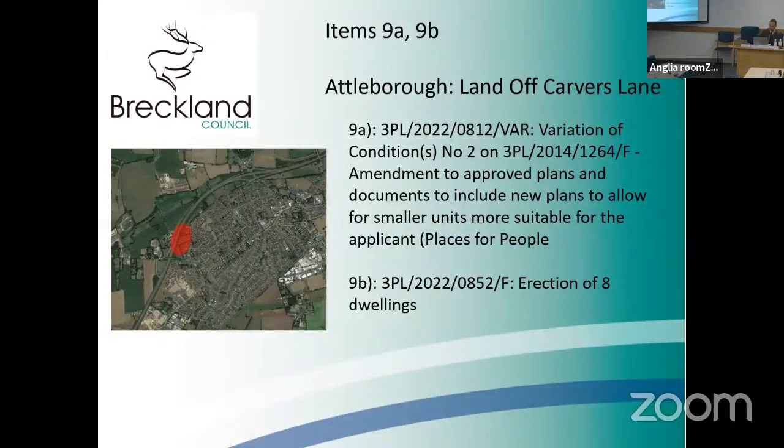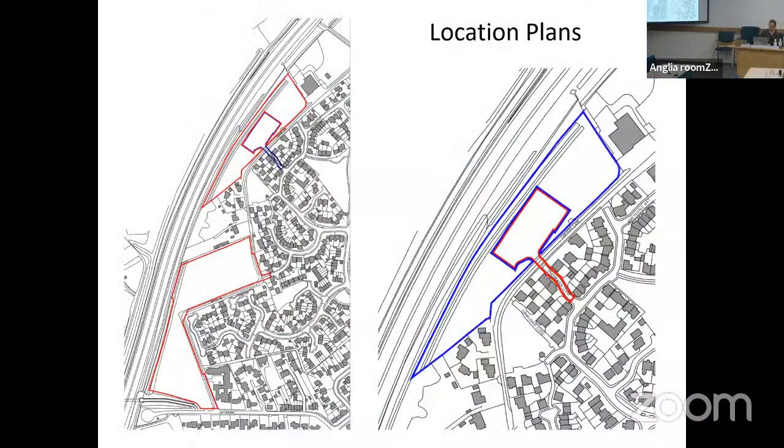So going on to the site, I'll just give you a wider context. It's actually this red area here. We're on the northwest edge of the town, with the A11 wrapping around to the northwest, and a residential area on the opposite side. So we've got an odd-shaped site essentially. What we have is what was referred to as parts 3, 4 and 5 of a Norfolk Homes site and consent, which was built out to the east.